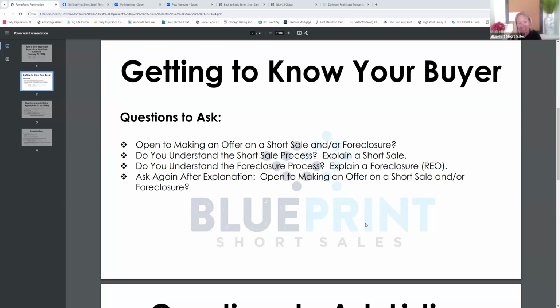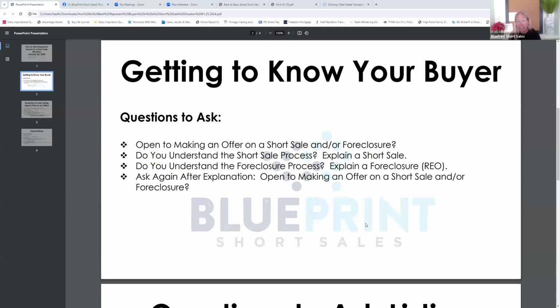It's as is. And in the end, they could wait 3 to 6 months and the bank could just say no. So I don't love when my buyers want to make an offer on a short sale unless I am the one in full control handling it, because there's a lot of agents here and probably across the United States that do not know how to properly navigate that type of transaction.